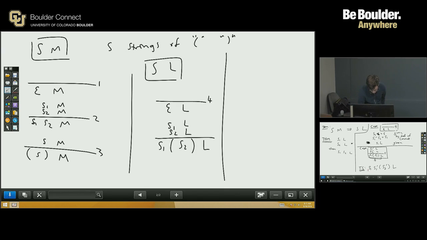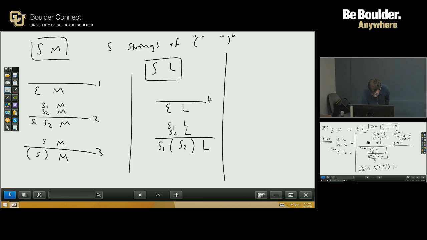Well, this S1 is just S1, right? S1, S1 prime is an L. Yeah, that's right. Sorry, I'm goofing this up so bad. S1 prime. Sorry. That's just S1. Okay.